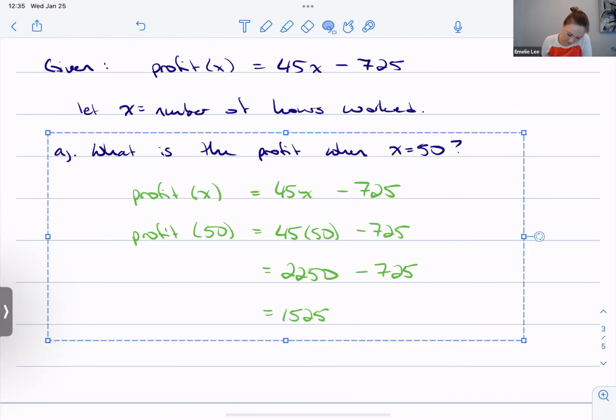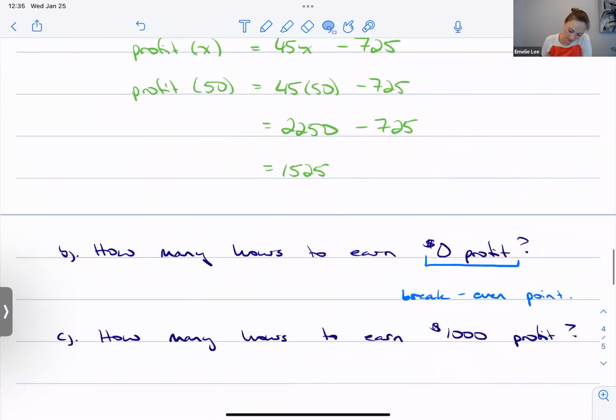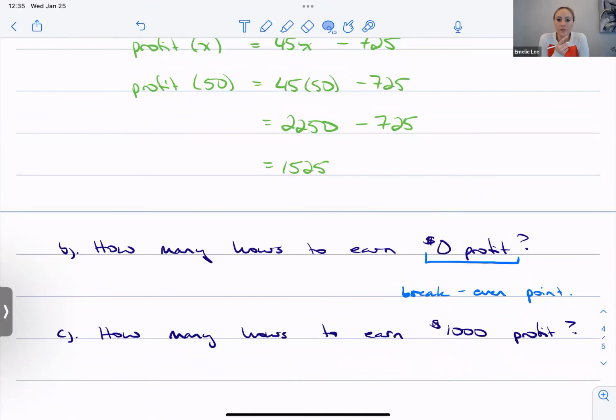Maybe I'll make it a little bit roomier since I have space here. So 1525. We already know in part C that we're going to solve for how many hours to make $1,000 in profit. What do you know immediately about your answer, just from what we just found?